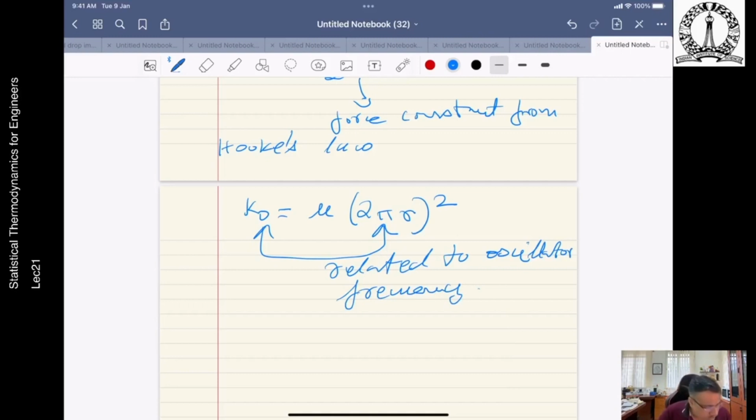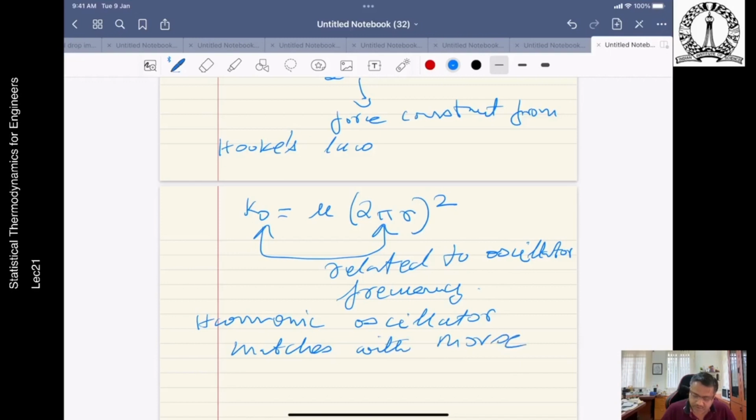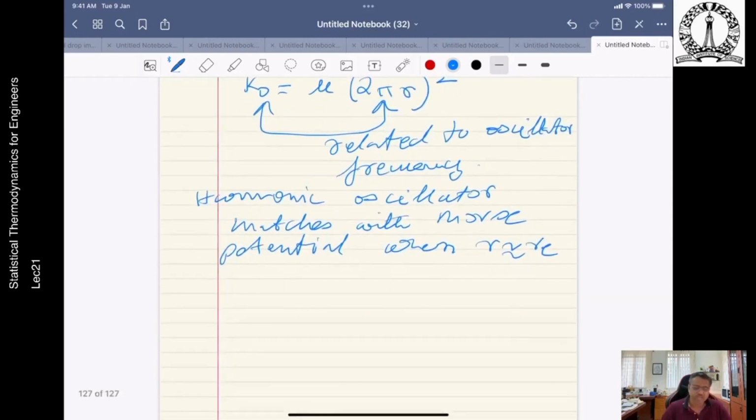So the harmonic oscillator matches with the Morse potential when R is closer to RE, so around the equilibrium internuclear distance. If this is the Morse potential, the harmonic oscillator will be somewhat like here.